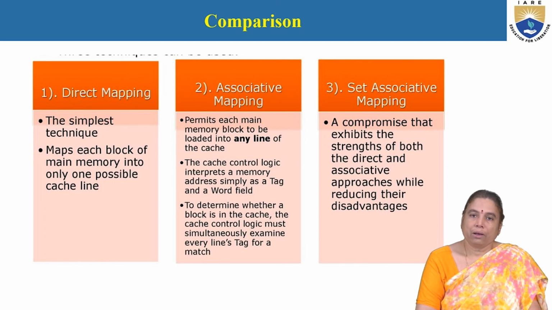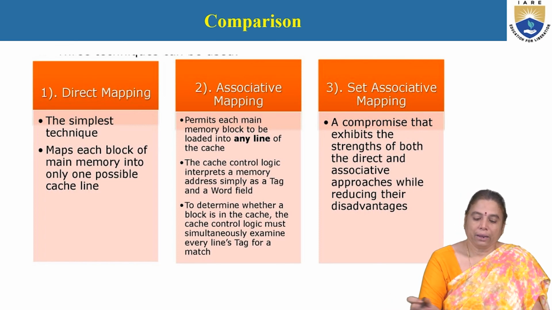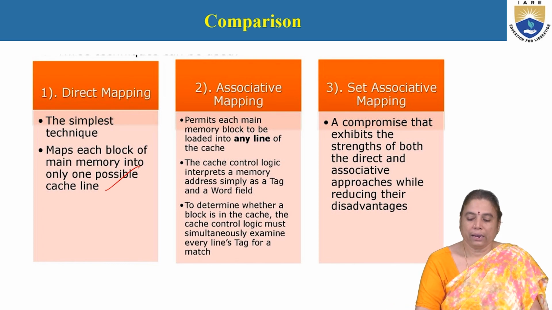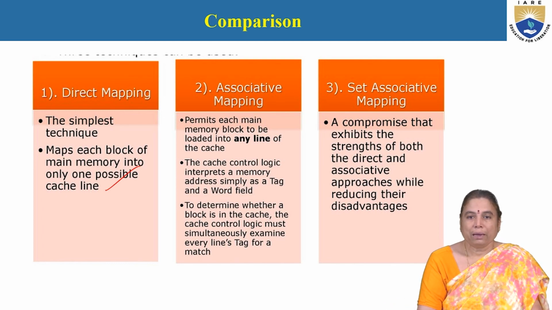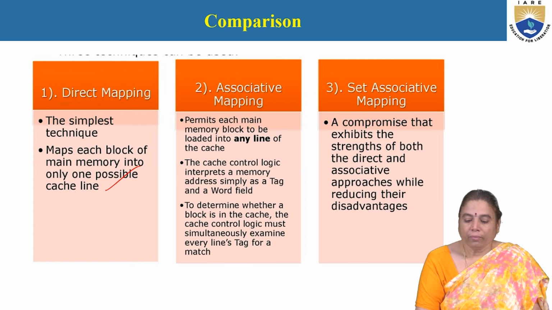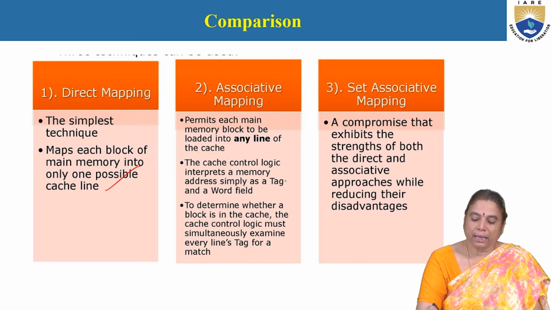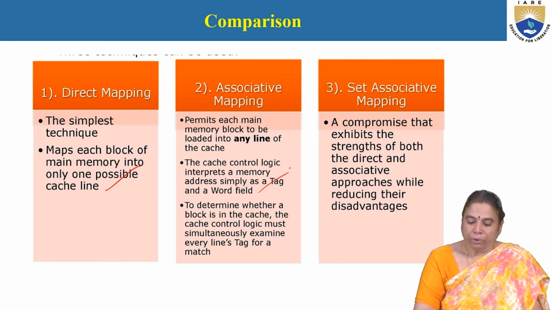Now a comparison of the three mapping techniques. Direct mapping is a simple technique and maps each block of main memory to one possible cache line. But associative mapping permits any block of main memory to go to any line of the cache which is freely available. The cache control logic interprets the memory address simply as a tag and word field.